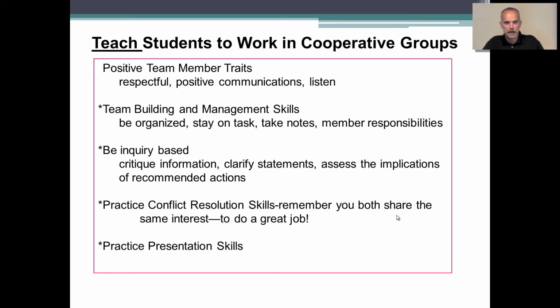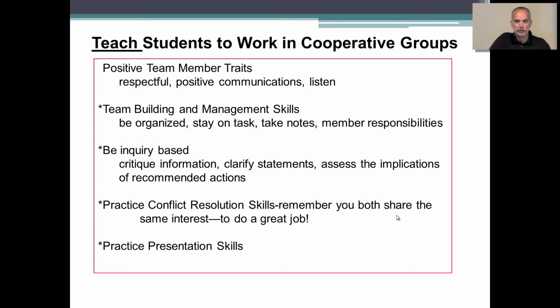How do they stay on task in terms of timetables? I encourage students when they meet with me that they assign a note taker and a presenter, and those roles are flipped when we meet, because those notes are an important part of documenting what we've talked about as a group.